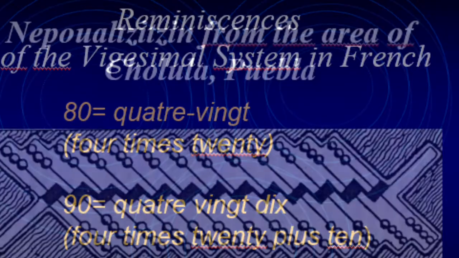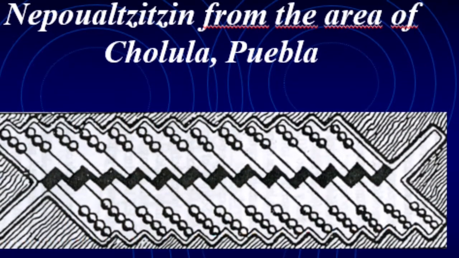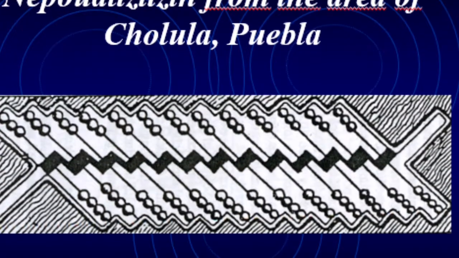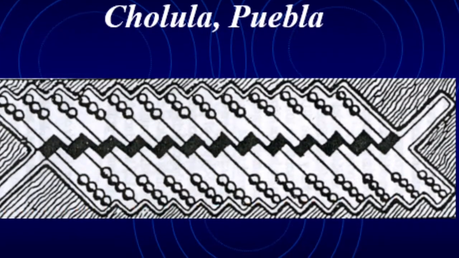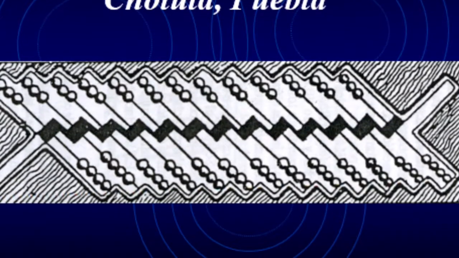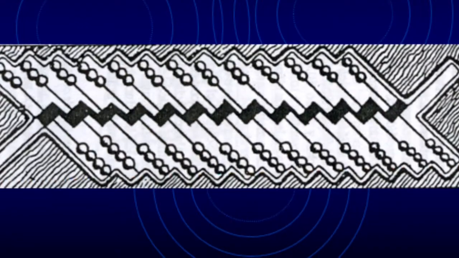So here are some examples of the ancient abacuses, such as this one from Cholula, Puebla. Some of the beads were made of gold or obsidian or jade, and sometimes also made of seashells.